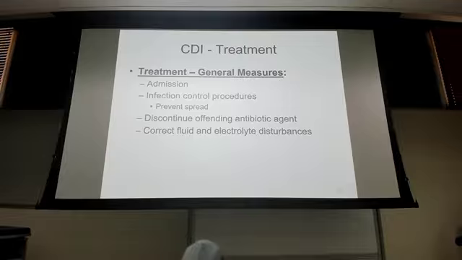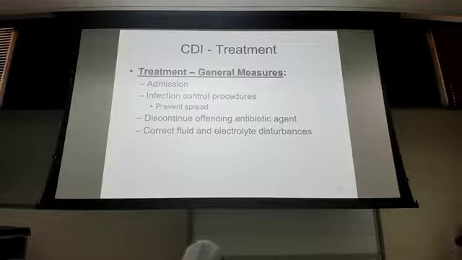So our patient was on antibiotics that caused C. diff to overgrow because the antibiotics killed their normal protective microbes in the gut. We stopped that antibiotic because that's what got us there. So we stopped the antibiotic that they were taking that affected the gut microbe. So discontinue the offending antibiotic.